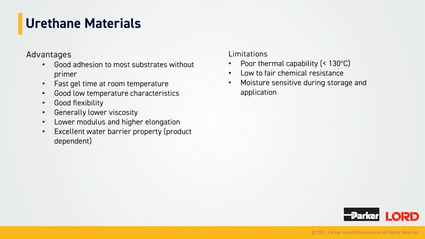They have a lower modulus and higher elongation, and we also have urethanes available that can be used as a form of sealant since they can act as a great water barrier. While our urethanes do have many great properties, they also come with a few limitations such as poor thermal capability, low to fair chemical resistance, and due to the isocyanate reactions within the urethanes, it's important to keep in mind their moisture sensitive nature when storing and applying this product.